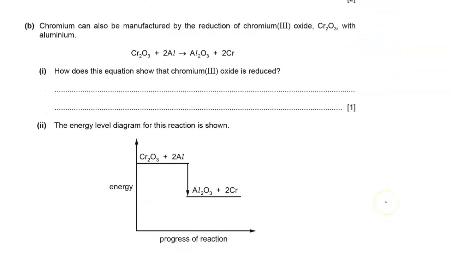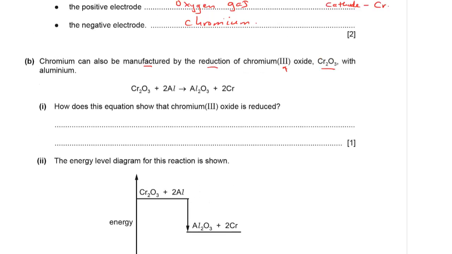Part B. Chromium can also be manufactured by reduction of chromium 3 oxide with aluminium. And of course, I need to correct here.